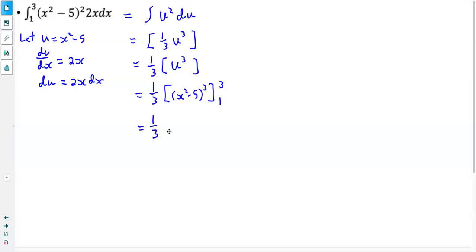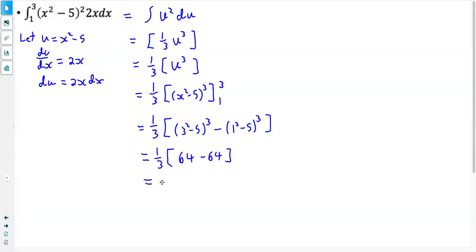So we've got 1/3 times 3 squared minus 5 cubed minus 1 squared minus 5 cubed. That gives us 1/3 times 64 minus 64. So that's going to give us 0.